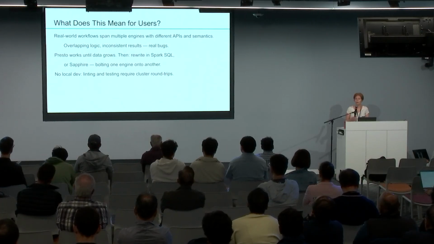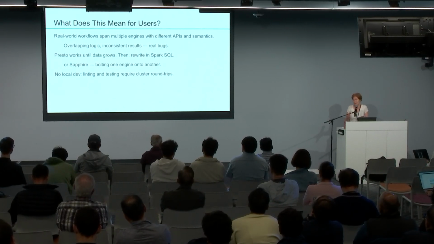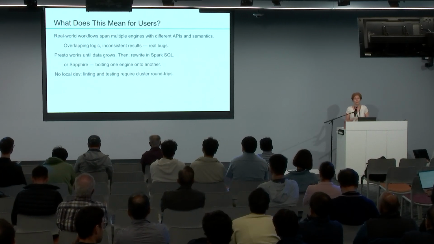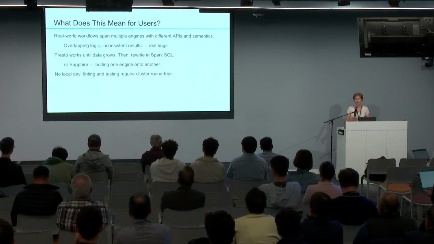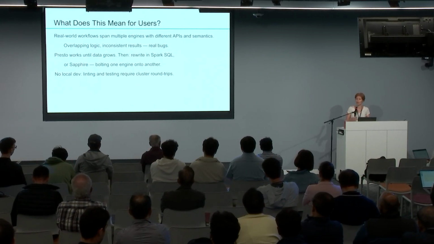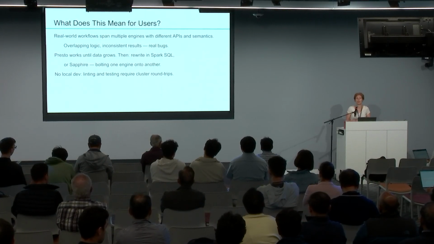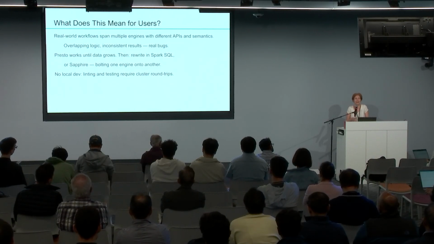The workaround of stretching Presto beyond its sweet spot breaks at the worst possible time, and suddenly you're facing a rewrite in Spark SQL. This problem is so real that we built Sapphire, Presto on Spark, specifically to let users run Presto on Spark runtime without modifying the queries. That's inherently awkward. We are bolting one engine onto another.